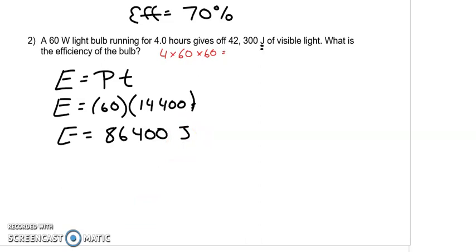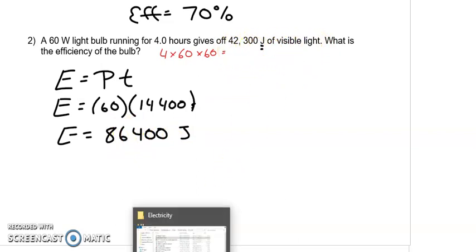But it's only giving off 42,300 joules of visible radiation, right? Going from its electrical pathway coming into the process to a radiation store outside of the process.